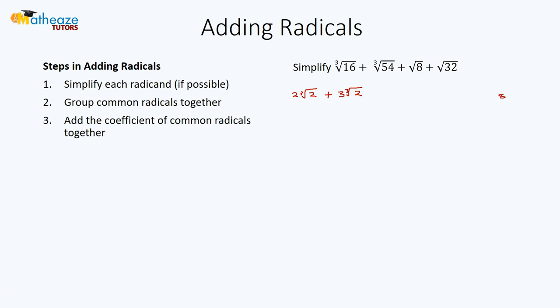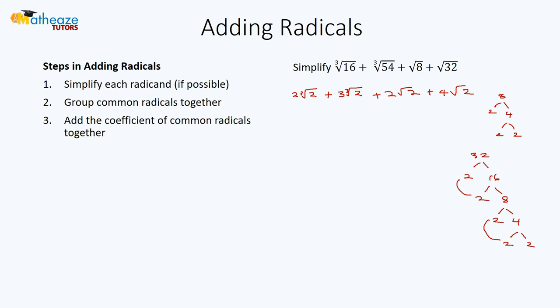So let's look at 8: 2, 4, 2, 2. So 8 is 2 square root of 2, and 32, we have 2 and 16, 2 and 8, 2 and 4, 2 and 2. So we have a group here, a group here. So this is going to give us 4 square root of 2.